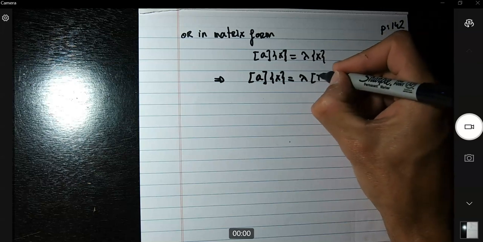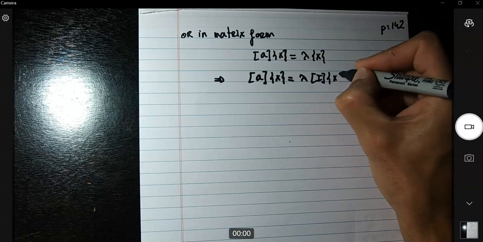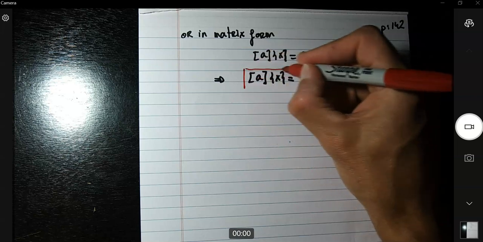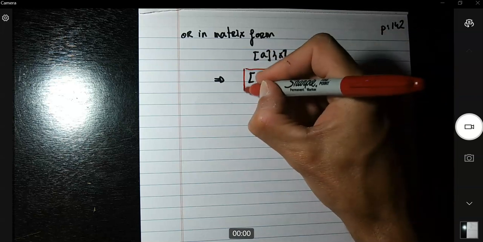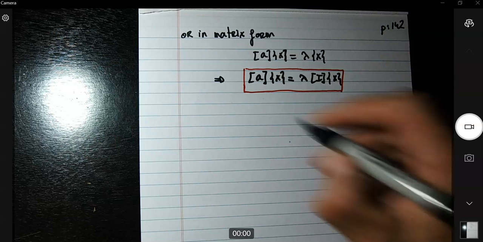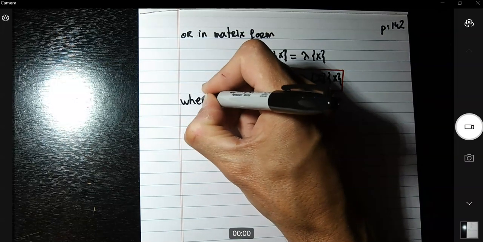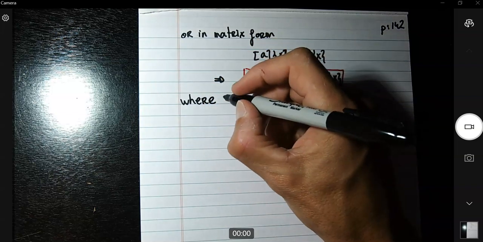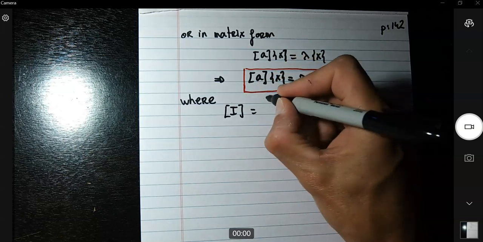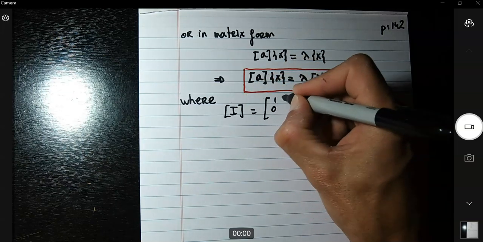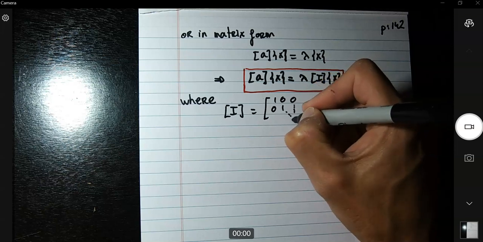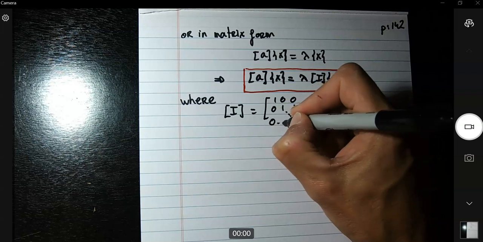So this will be the identity matrix times x, where the identity matrix will be equal to 1, 0, 0, 1, 0, up to 1 over here, and this will be 0, 0, 1.